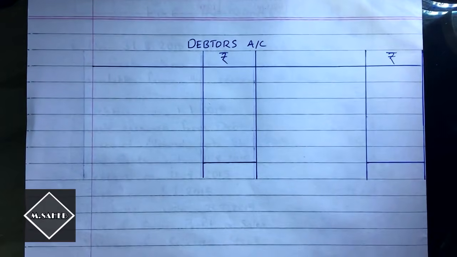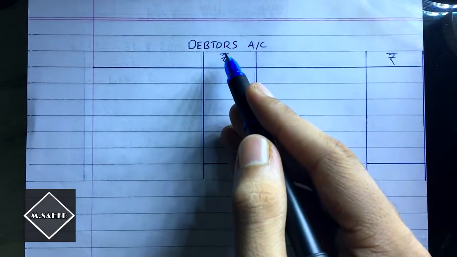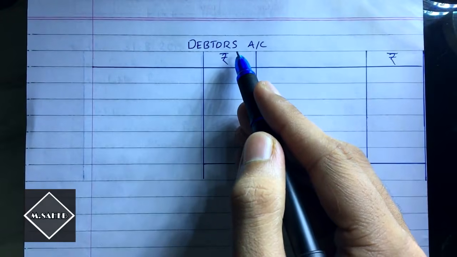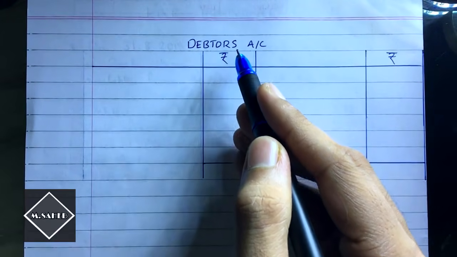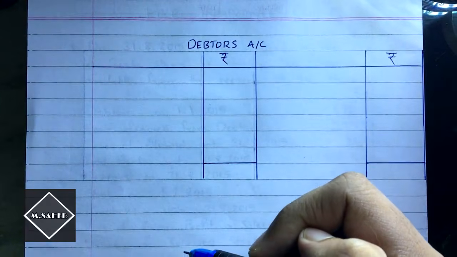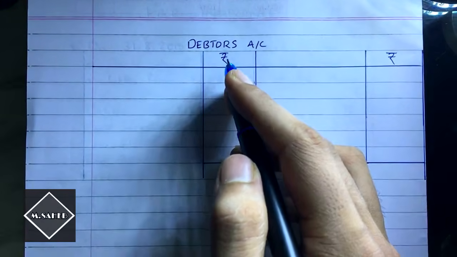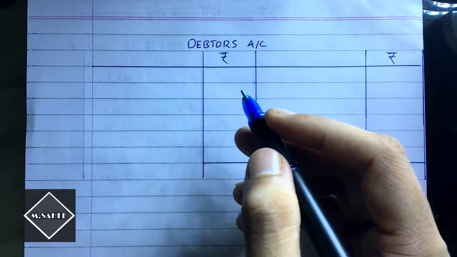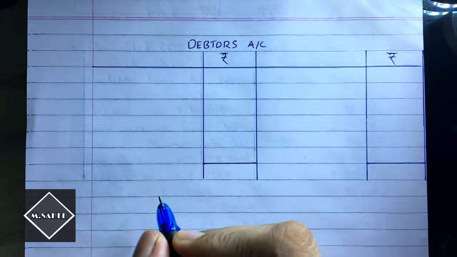First we need to prepare the debtors account, and we prepare this account to find out the credit sales, which is necessary to prepare the memorandum trading account. In debtors account, first we take the opening and the closing balances.